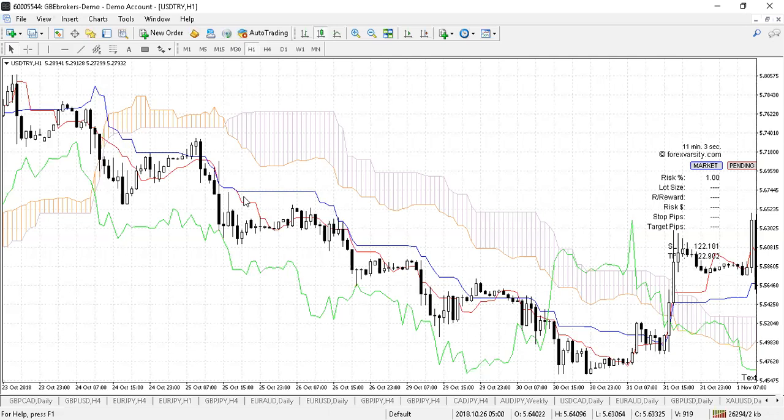It takes the high and the low of the last 9 candlesticks and plots a line 50% of the way through. In other words, it takes the high and the low and divides by 2, and it's almost like a moving average. It's the fastest of the lines.